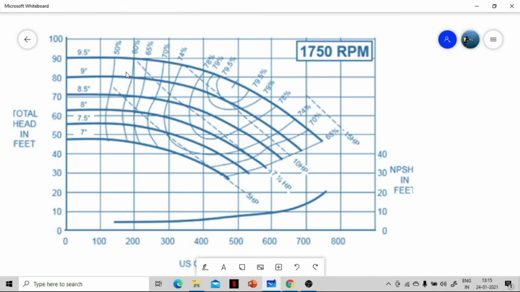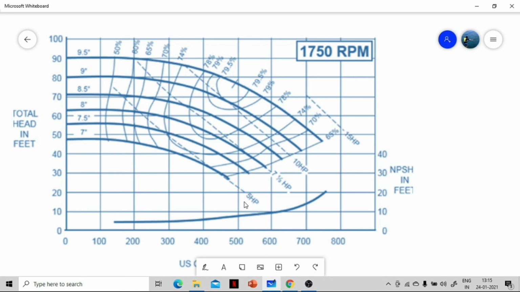In this pump curve, you can see there are different pump curves for different impeller sizes. With increasing the impeller size for the same flow rate, the head will increase. On the other hand, the efficiency of a pump increases with the impeller size.